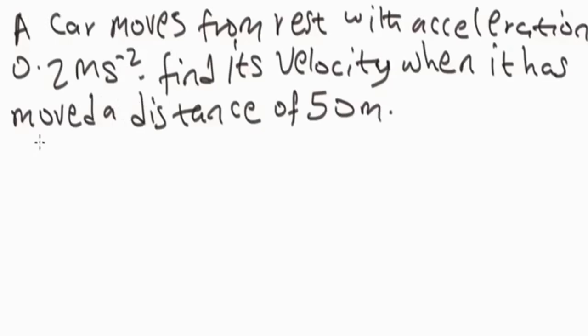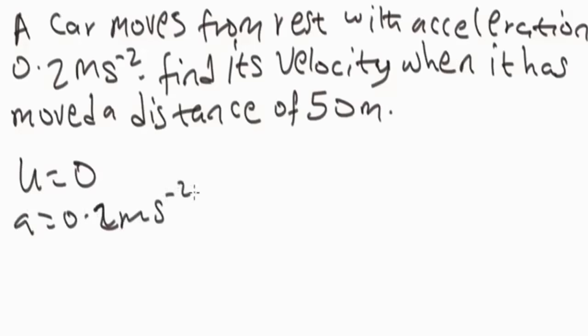Alright, so let's begin by getting our parameters. Since it said the car moves from rest, the initial velocity u will be 0. Then our acceleration a is 0.2 meter per second square.